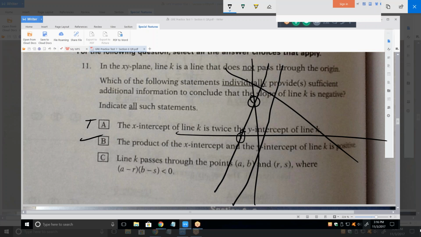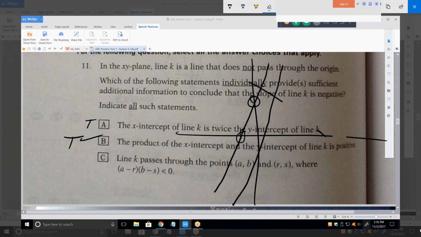The product of the X and the Y is positive. So I see that we can't do it. I don't think we can do it either. In other words, I've tried multiple scenarios, and this is not one of the scenarios here. That's a negative slope line.